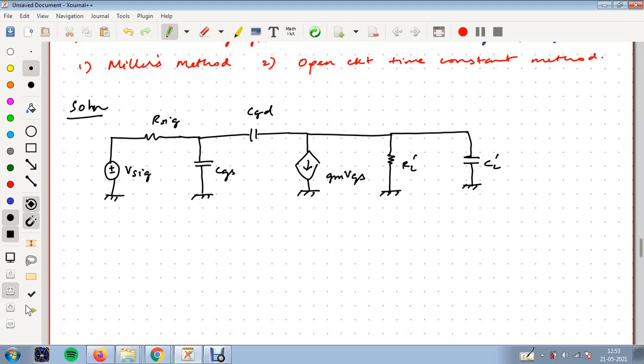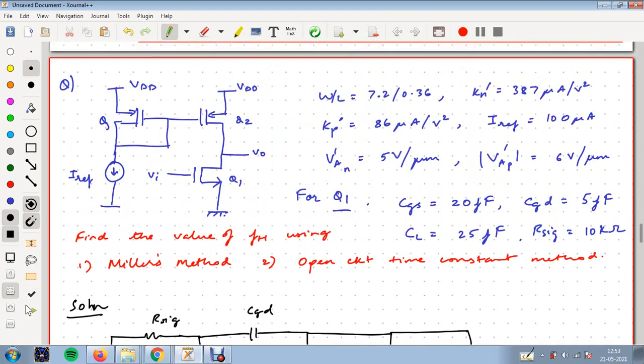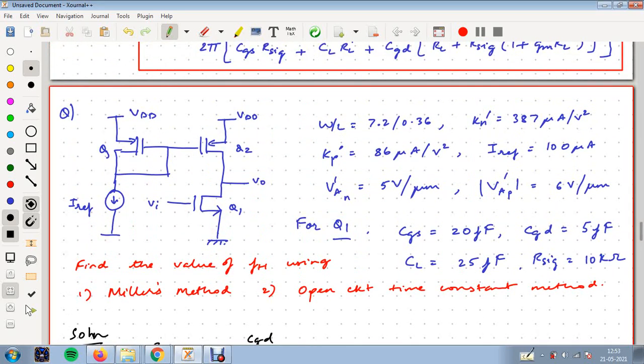Now in the earlier diagram which we saw, we wrote RL prime as R naught parallel RL. But in this case, if you look at this diagram, Q2 will have R naught 2 as its dynamic resistance. Q1 will have R naught 1 as its dynamic resistance.